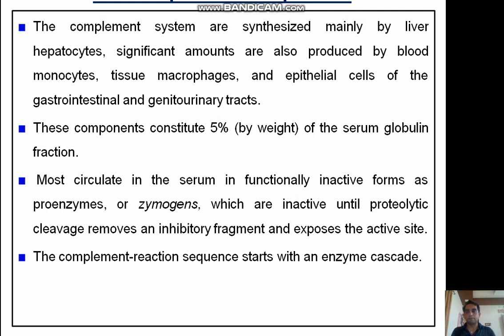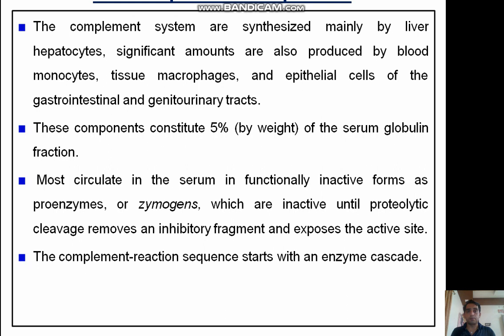Now let us see the properties and characteristics of complements. The complement proteins are mainly synthesized by hepatocytes. There are different types of complements present in the system, and all of them are synthesized by the liver hepatocytes.